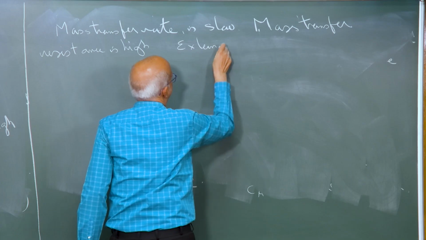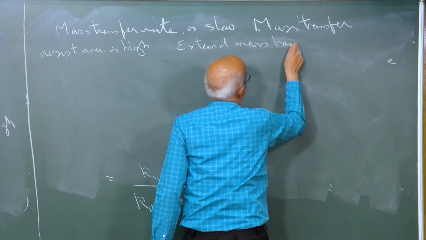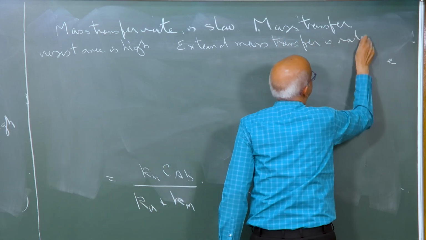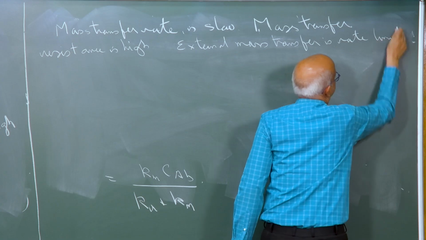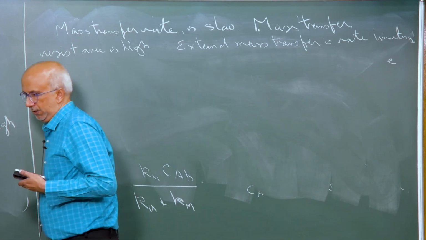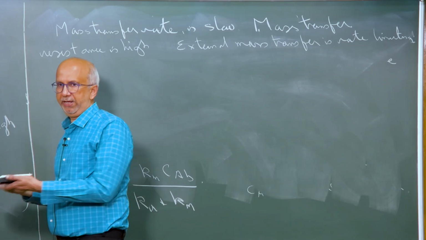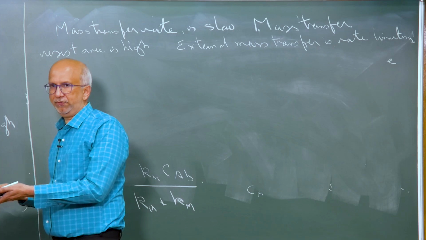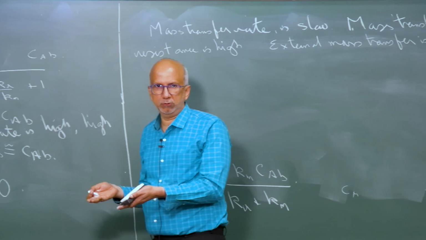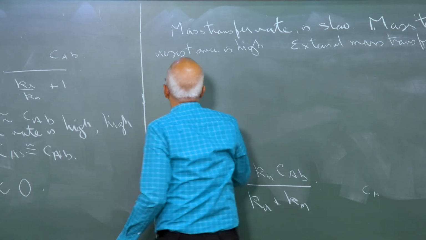External mass transfer is rate limiting, and so the mass transfer is giving you very small amount of A. Reaction is so fast that as soon as it comes to the surface, it gets gobbled up by the reaction, consumed by the reaction, and the concentration becomes 0, okay.